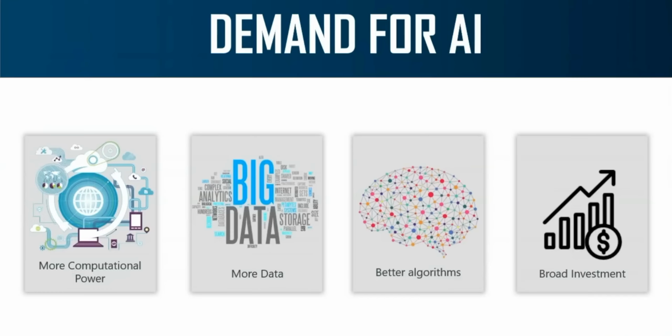Next reason is now we have better algorithms. Right now, we have very effective algorithms which are based on the idea of neural networks. Neural networks is nothing but the concept behind deep learning. Since we have better algorithms which can do better and quicker computations with more accuracy, the demand for AI has increased.